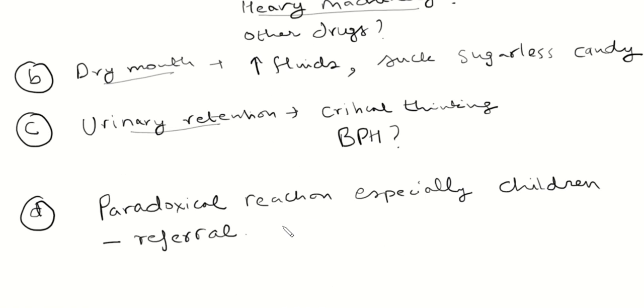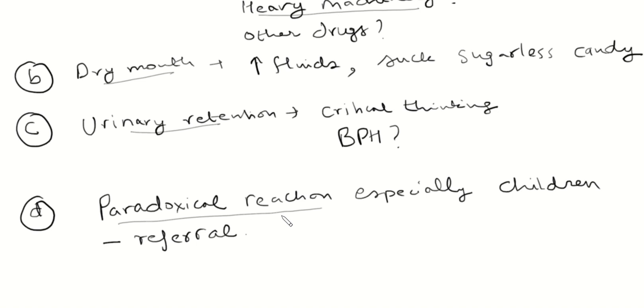Some facts to know about paradoxical reactions. So, what does this drug do? Sedate most of the people, but in some children, it creates a paradoxical reaction. These kiddos become very excited, agitated with Benadryl. So that's an idiosyncratic reaction.